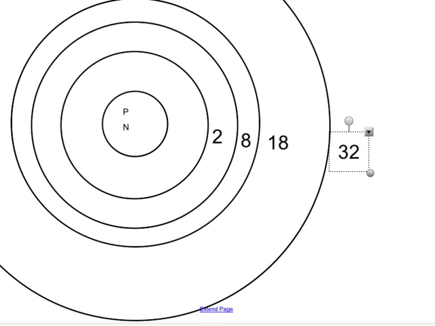The first main energy level holds 2 electrons. The second main energy level can hold 8 electrons. The third main energy level can hold 18, and the fourth, 32.